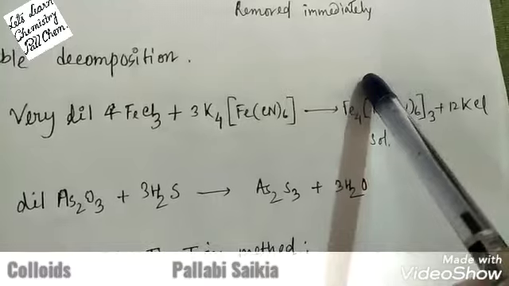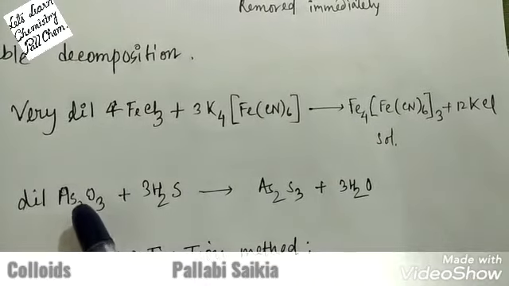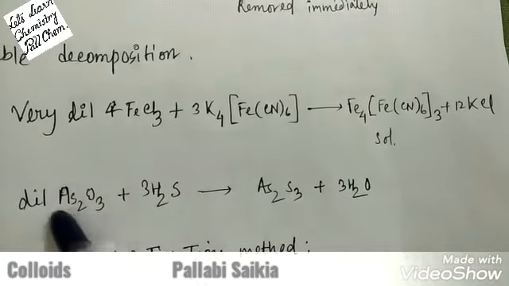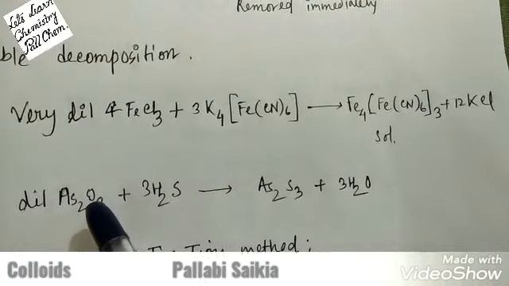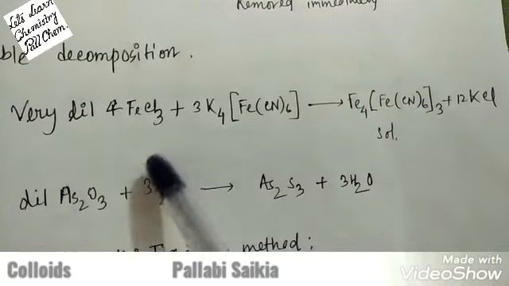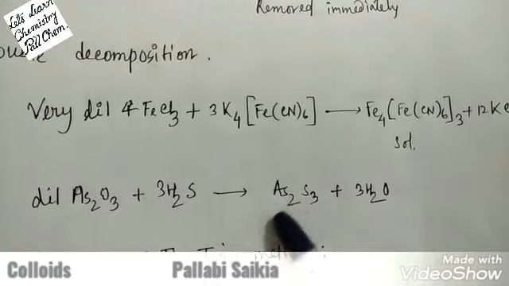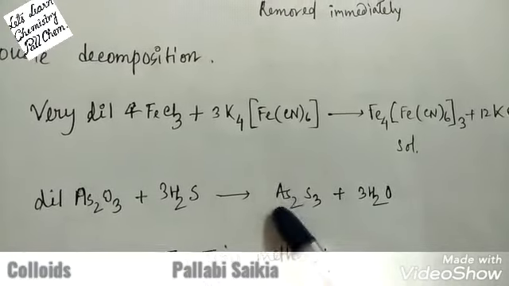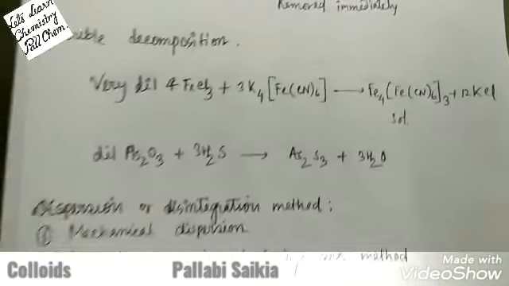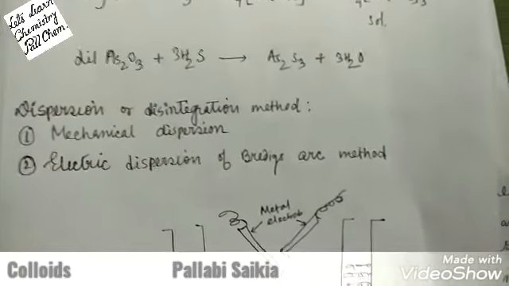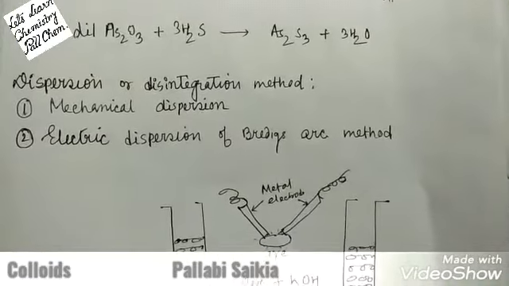This is a sol. Similarly, H2S gas is passed through arsenous oxide, then we will get As2S3 sol.